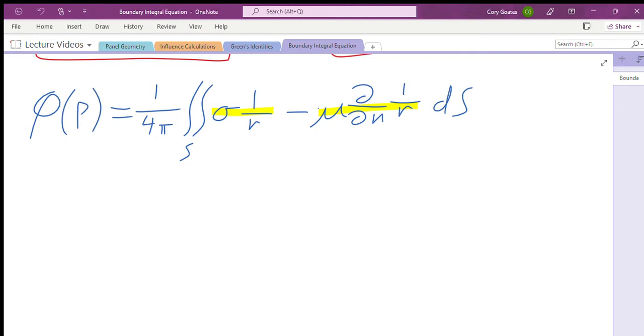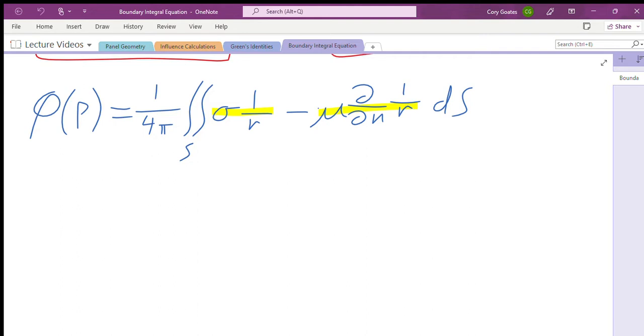The thing is that we don't know what sigma and mu are, and we don't know for any given configuration whether there's an analytic solution for this unknown sigma and mu. Now there are some special cases for which we can know sigma and mu exactly, kind of basic canonical ones like a flow about axisymmetric bodies, that kind of thing.